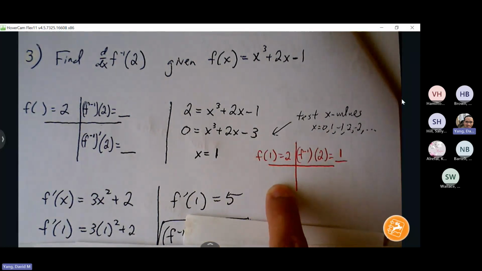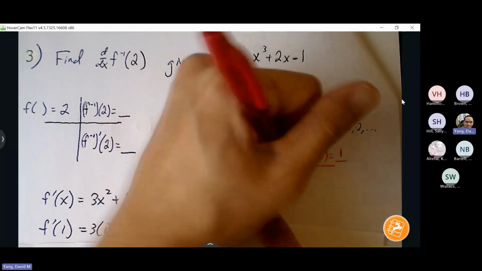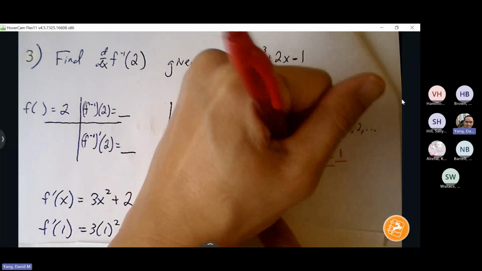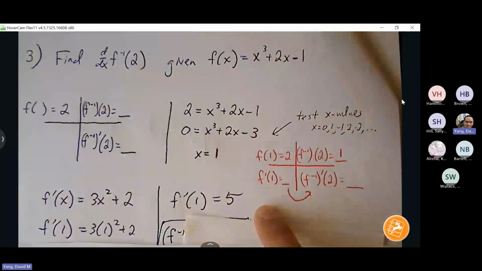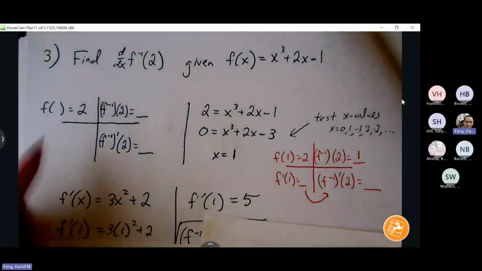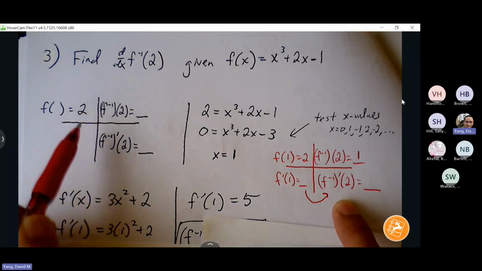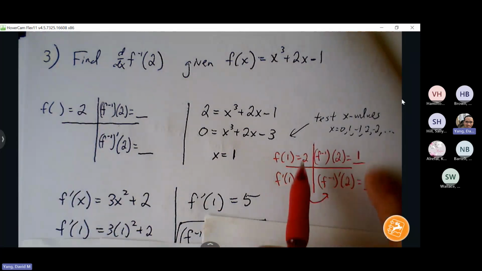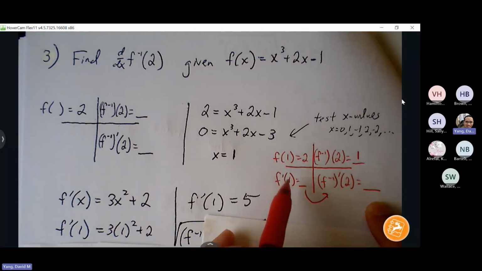So if I can find f prime of 1, then this slope will lead me directly to the slope of f inverse at 2. I just wanted to show that this is where we can start before we begin anything, and we can begin to update our table from here. Once we find that 1, things can begin to be put into place.